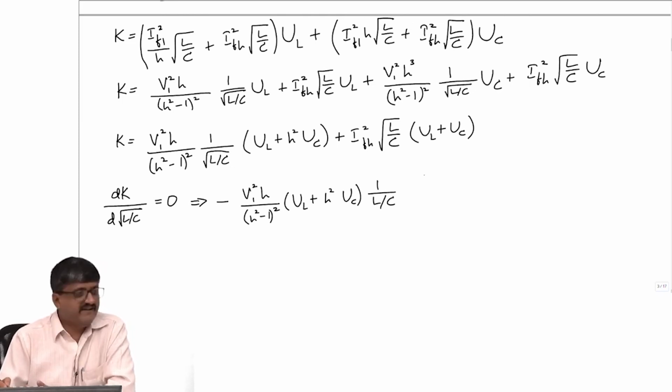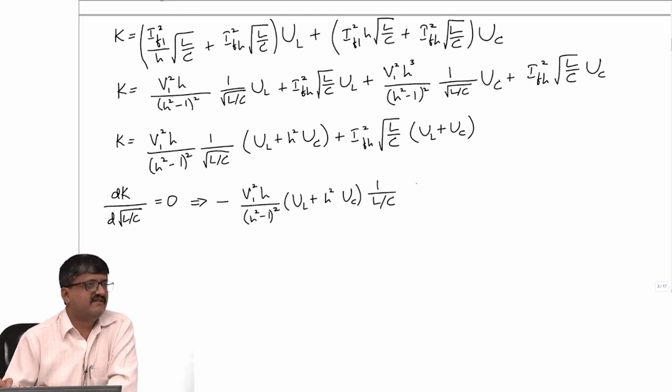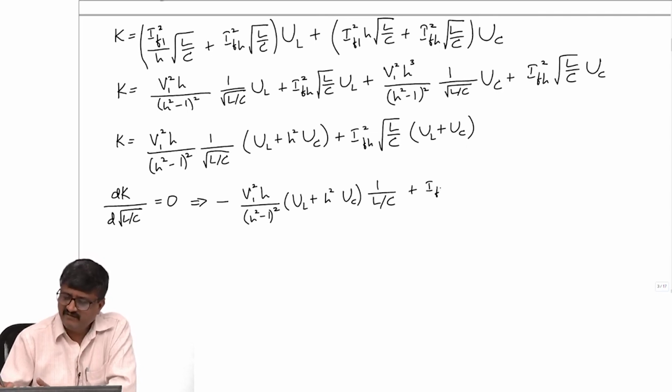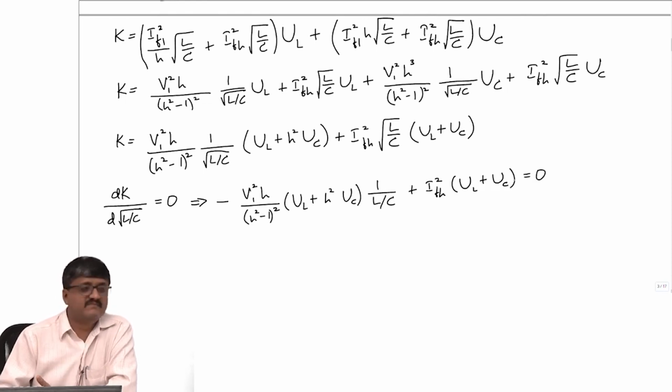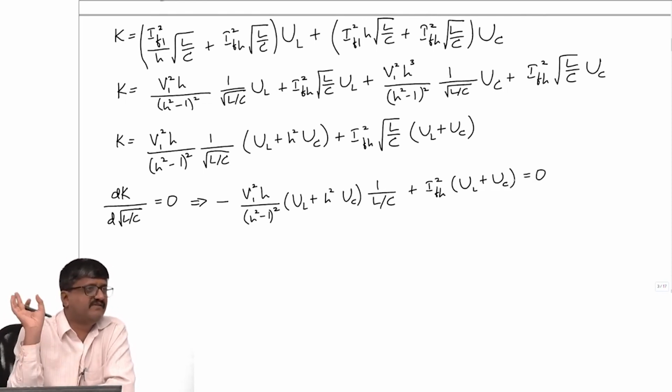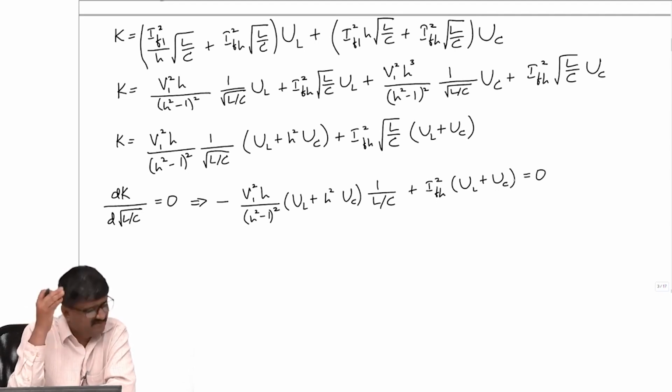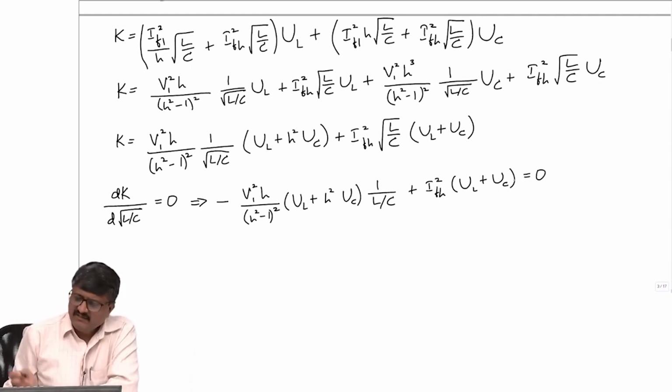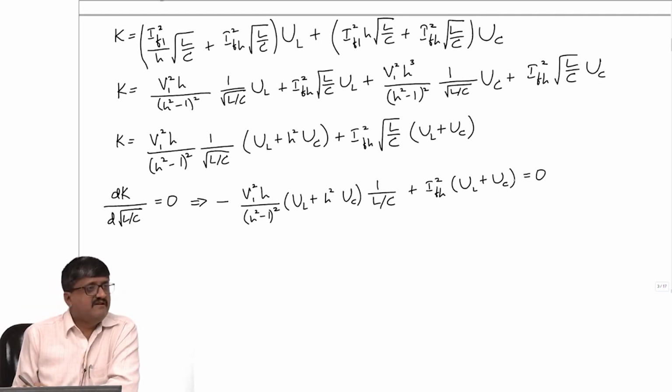Then the derivative of the second term is easy. It is just I of h square into UL plus UC. We are differentiating with respect to square root of L by C, that's all. Now, what does this give? This gives the value of L by C from the necessary condition.